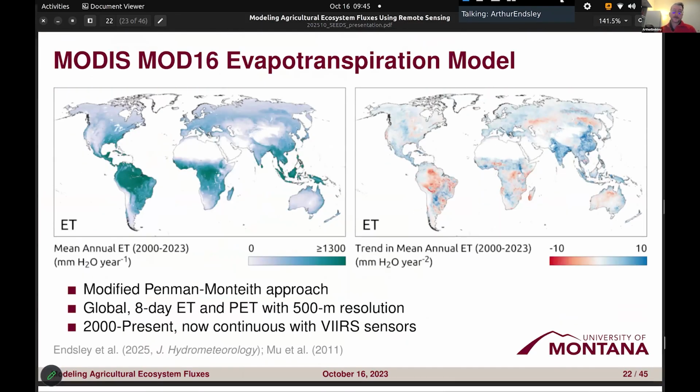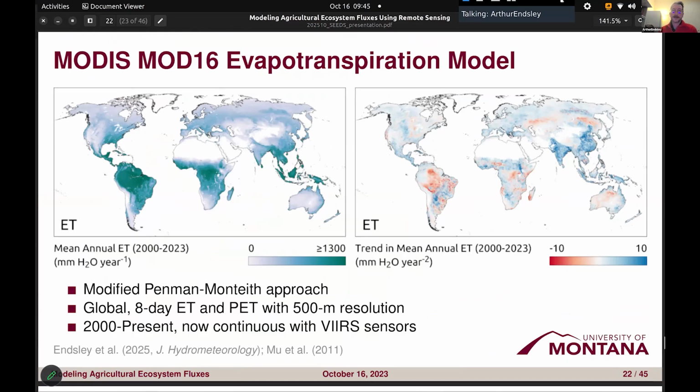And the Penman-Monteith model is behind the model that I'm going to talk about in more detail today, the MODIS Mod 16 evapotranspiration model. This is a modified Penman-Monteith approach that provides global 8-day evapotranspiration and potential evapotranspiration at 500-meter resolution. And it's been available since the year 2000.